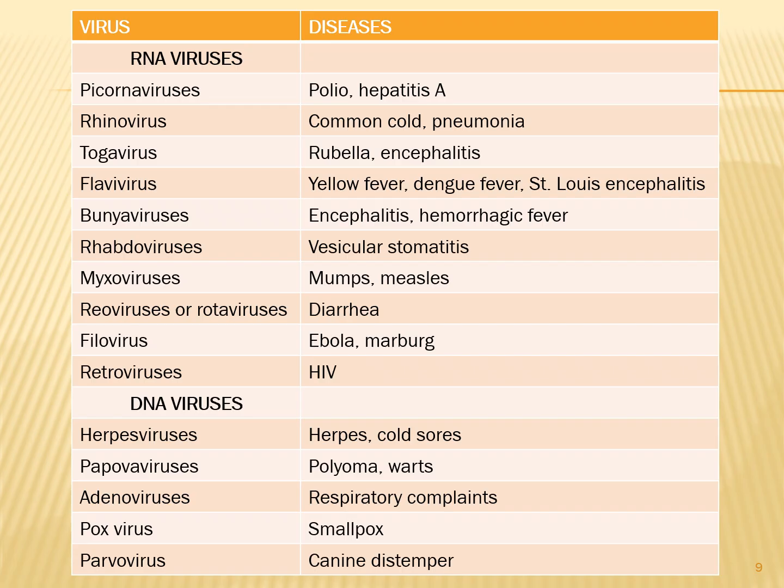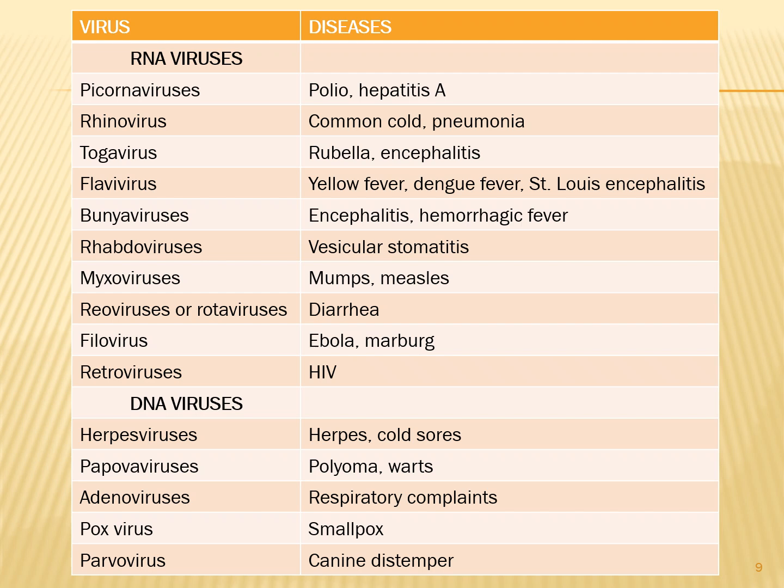Then this is a list of some viruses and the diseases. Picornavirus causes polio and hepatitis A, rhinovirus causes the common cold and pneumonia, togavirus causes rubella and encephalitis, flavivirus causes yellow fever, dengue fever and St. Louis encephalitis, bunyavirus causes encephalitis and hemorrhagic fever, rhabdovirus causes vesicular stomatitis, myxovirus causes mumps and measles, reovirus or rotavirus causes diarrhea, filovirus causes Ebola and Marburg, and retrovirus causes HIV.